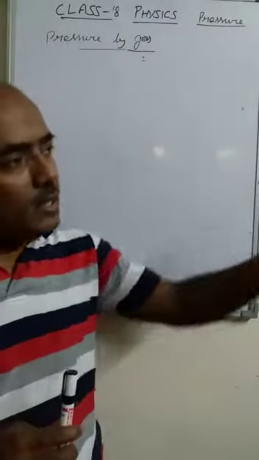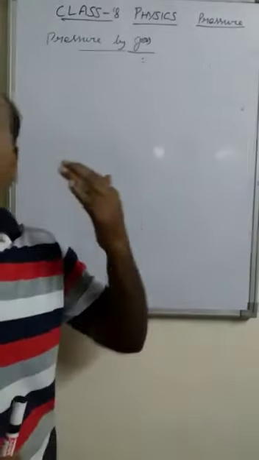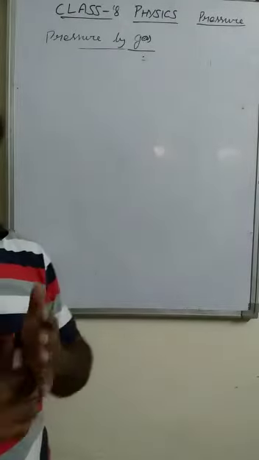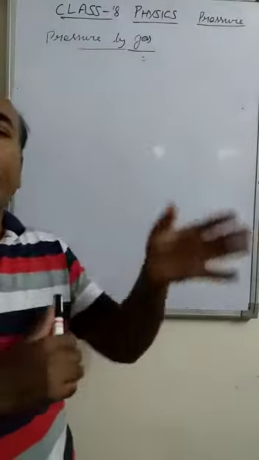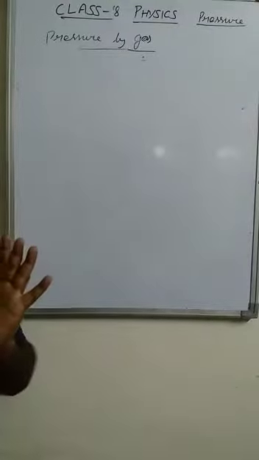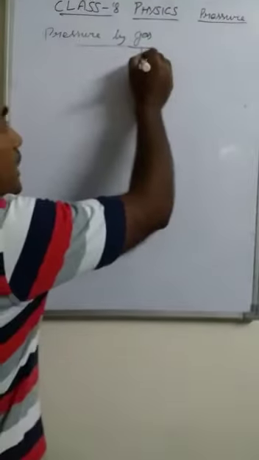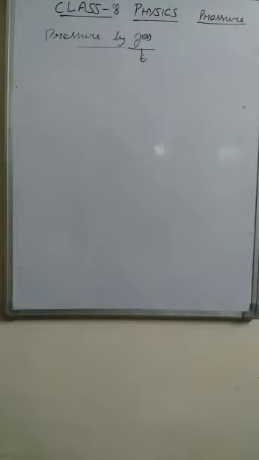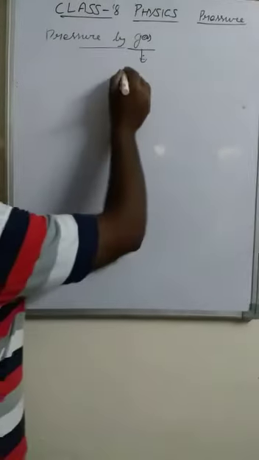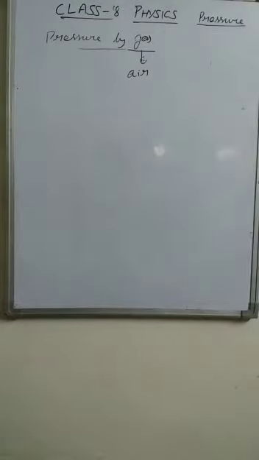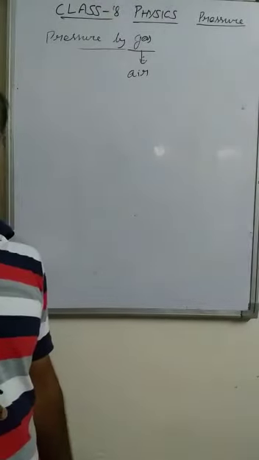That means that is also the pressure exerted by gases. So gases always exert pressure. Now, if we come to the pressure exerted by air, because air is a mixture of gases, the air also exerts pressure.